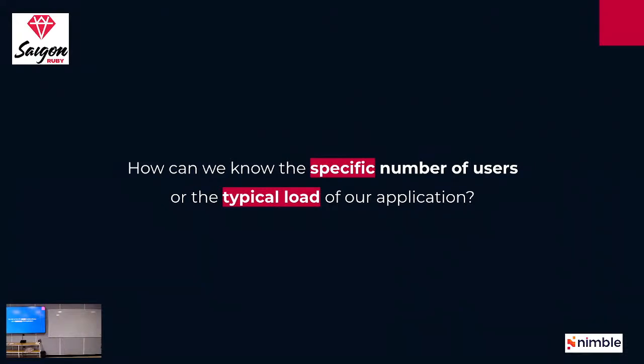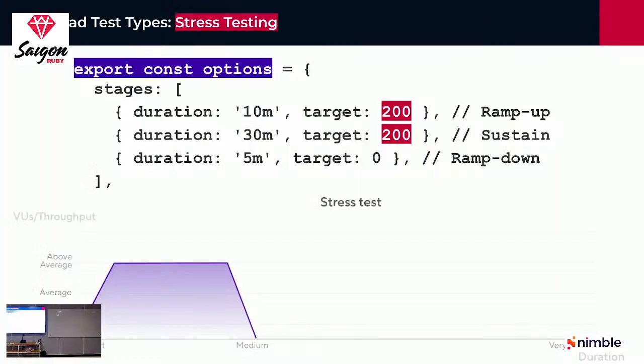It usually means you're 10 times over the real load when you use this number, so I think just to be sure. Yeah. So stress testing can be used to assess how our application performs in case of heavier loads than average.